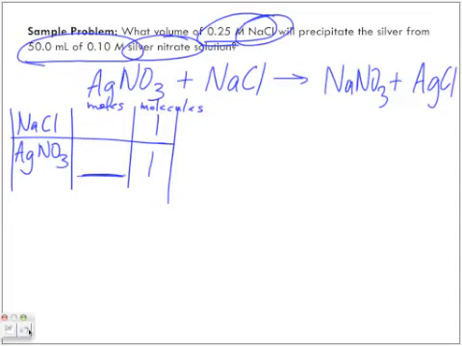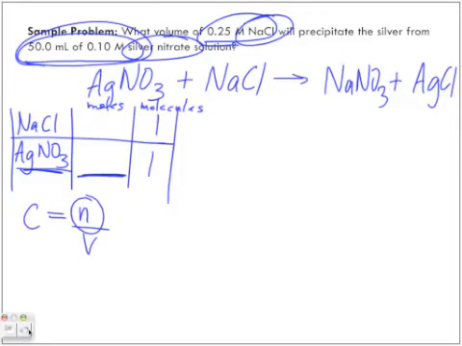Can I find the number of moles using that? Yes, I can. Remember what the equation was. Concentration is equal to the number of moles over the volume. So if I want to find out the number of moles of silver nitrate, I want to isolate for my N. So N is equal to my concentration times my volume.